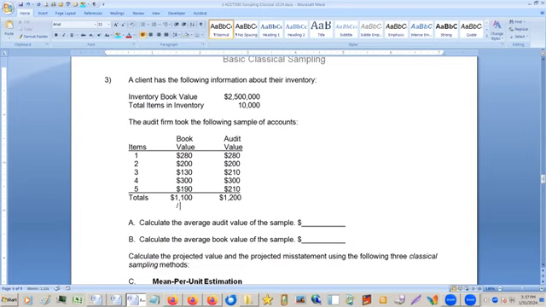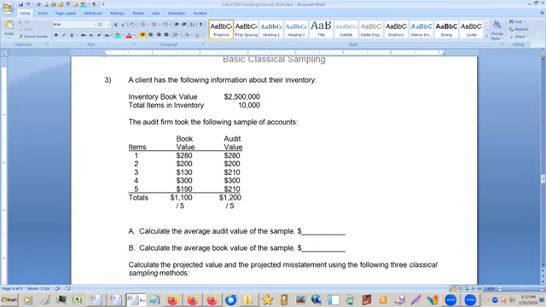Okay, we gotta divide these by 5. Okay, so the audit average is what, 240?